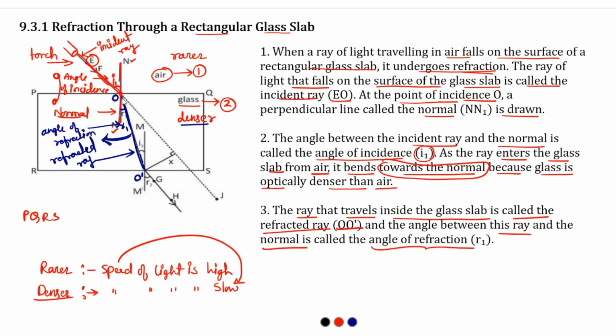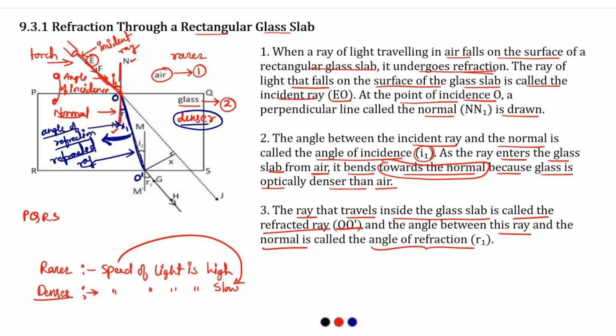Then once the light enters inside the glass slab, it bends towards the normal like this because of the speed. The speed of light inside the glass becomes slow due to the denser medium. And this light inside the glass slab, that is OO dash, is called the refracted ray. And the angle between this refracted ray and the normal is called the angle of refraction.